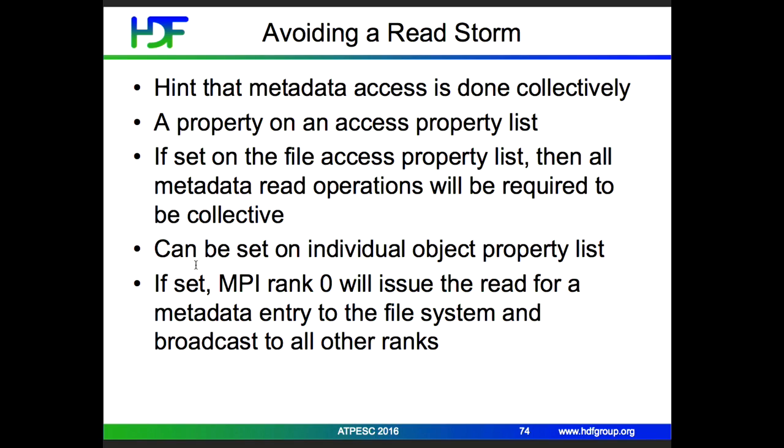You can pass a property that says, please, or at least try to, do this metadata read call collectively. You can set that on individual objects, or you can set this on a whole file basis. You can say, please always try to do metadata, meaning in this case attribute I/O, collectively.